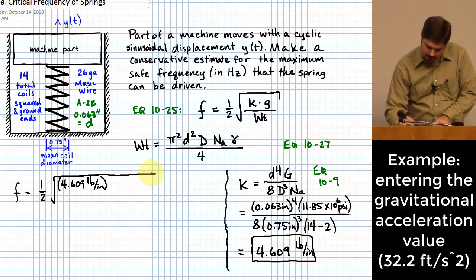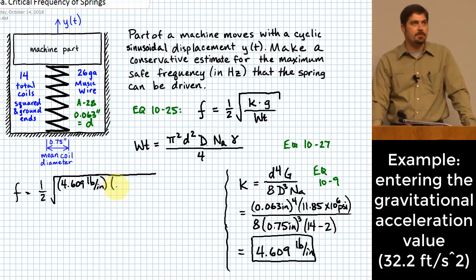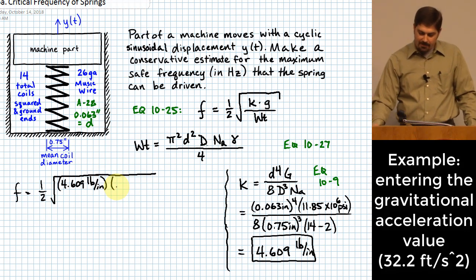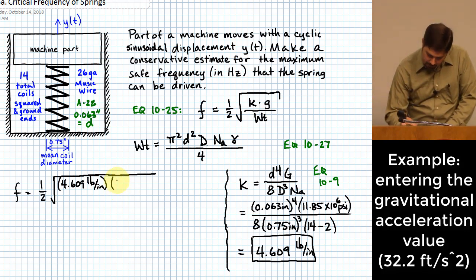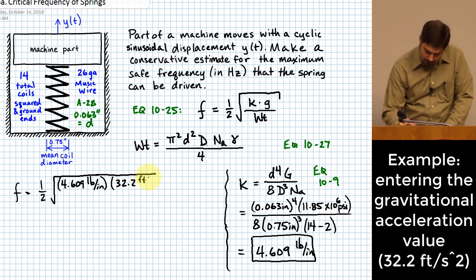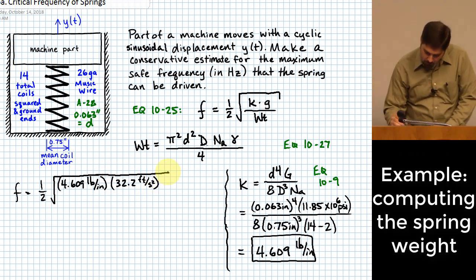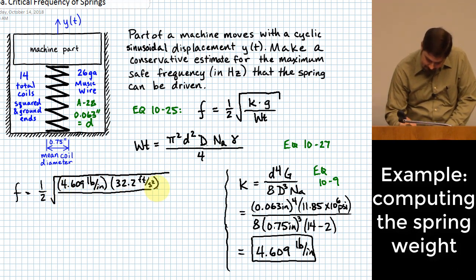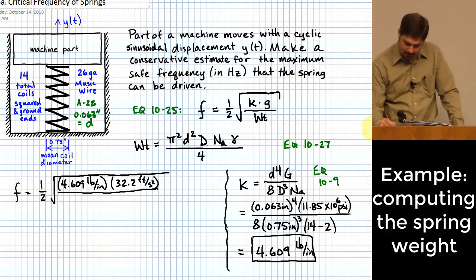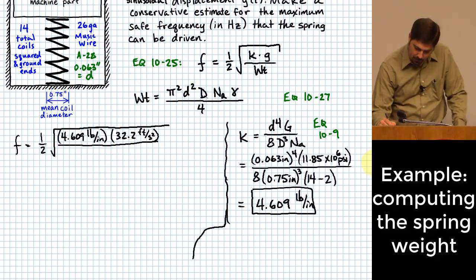Okay, g, we're working in the US system here, and so probably the most familiar expression of gravitational acceleration for the US system is 32.2. And what are the units on that? Feet per second squared, right? All right, now what about the weight? Okay, well, I'll tell you what, I'll keep going with my sidebar over here so that I can fill in the weight.